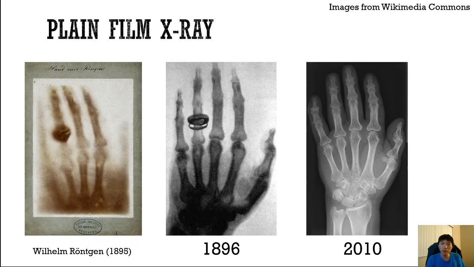The quality of the images might be slightly better, but overall, there's not much change in over 100 years. It's quite an old technology. It's tried and tested, but it hasn't really moved so much in terms of technological advance.